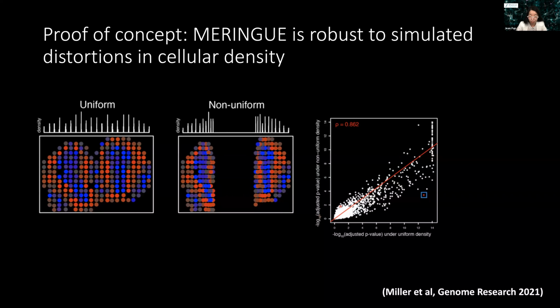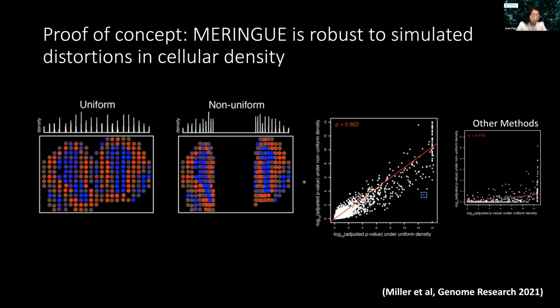So if we look at, each point is a gene, and the negative log 10 adjusted p-values under the uniform density are highly correlated with the negative log 10 adjusted p-values under the non-uniform density. Whereas in contrast, other approaches, especially, understandably, those that rely on Euclidean distances between cells, are much more sensitive to these changes in cell density. And if we distort the data and induce a non-uniformity in cell density, they are no longer able to identify the same set of spatially variable genes.